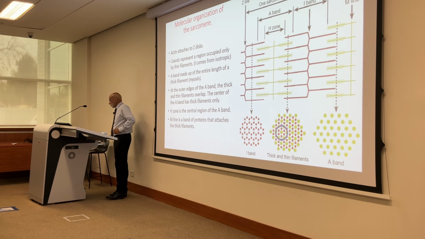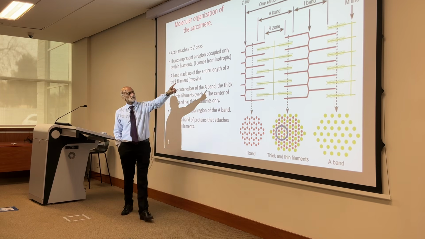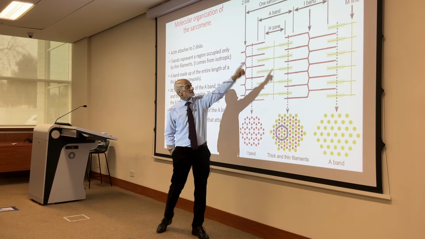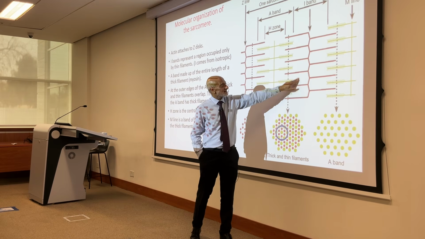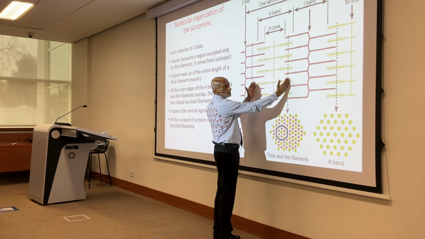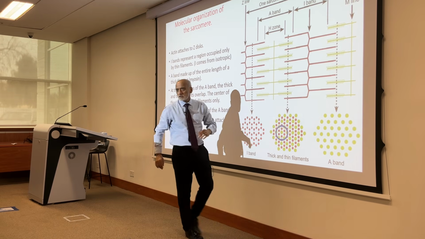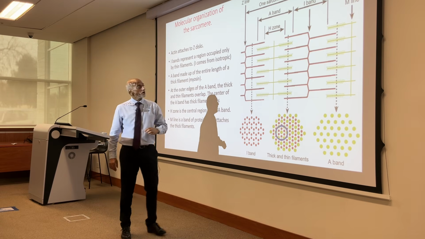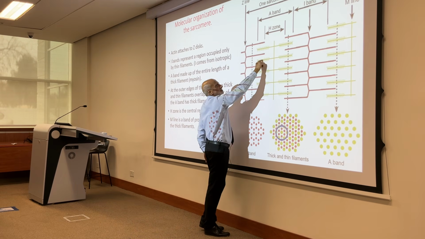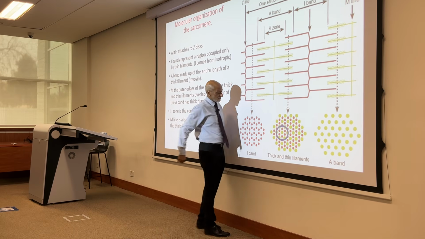In a diagram, you've got the Z line, attached to it is actin. In the middle, the A band is myosin. In the middle of the myosin, you have the H zone, where the actin and the myosin are not overlapping. In other words, from there to there.